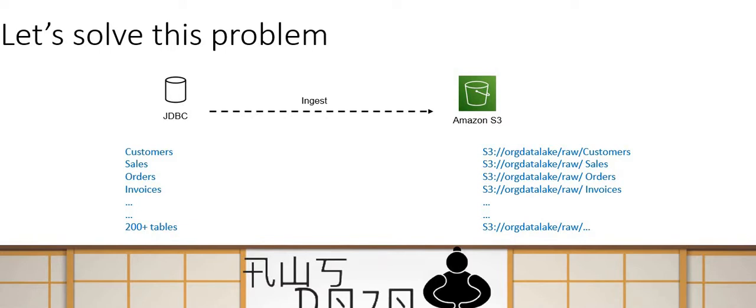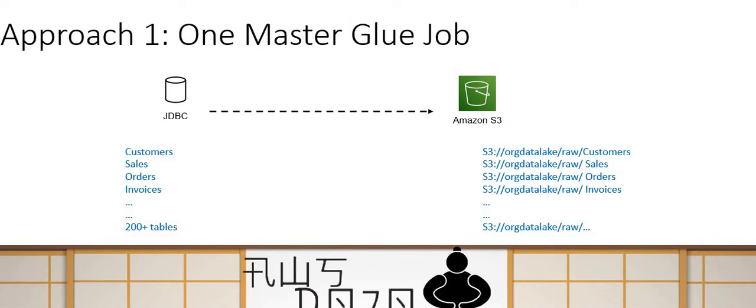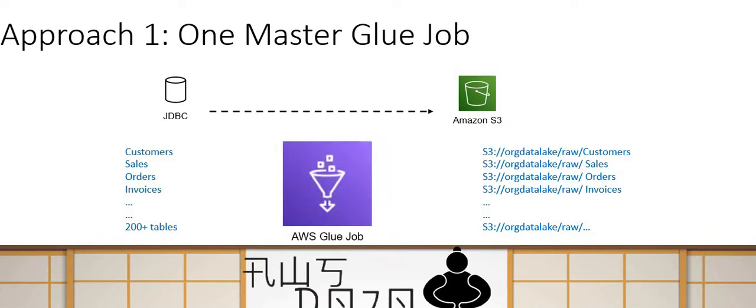There could be multiple approaches to solve this problem. One approach could be, I will run one master glue job which will take care of all 200 tables. Basically I'm talking about writing one big glue job, which first ingests my customers table, then my sales table, then my orders table, then invoices, and so on and so forth.